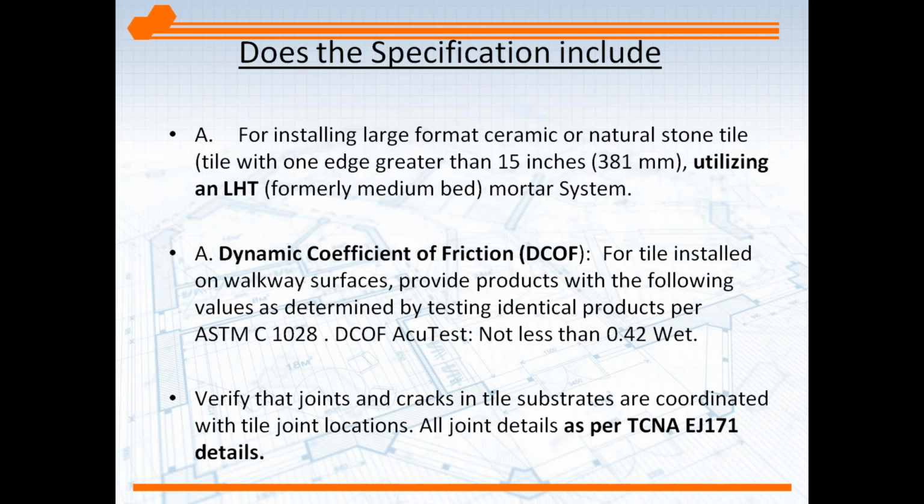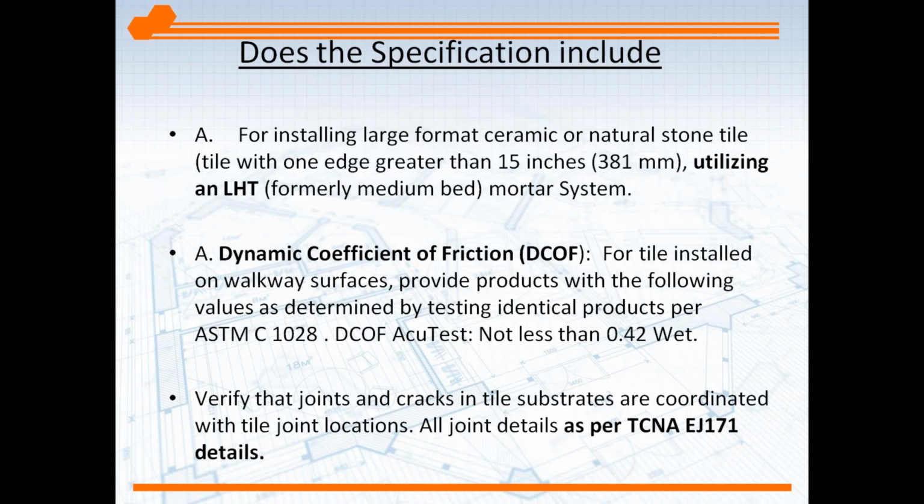Dynamic coefficient of friction. This is something that changed quite a long time ago now, but I still see the old standard. The coefficient of friction is the slip, we'll call it the slip and fall. So how wet is that finished flooring after it possibly is wet. The dynamic coefficient of friction should be listed in the specification and be aware of. The reason why is because if a tile is substituted, you want to make sure it meets this standard.